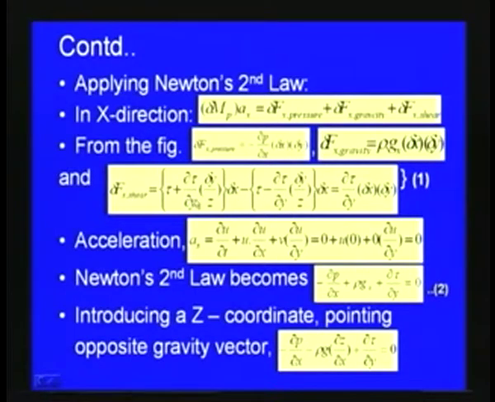So, this gives the shear force. And then as far as the acceleration of the fluid element is concerned, acceleration ax is equal to del u by del t plus u into del u by del x plus v into del u by del y. Here, since we consider steady state flow, del u by del t is 0, and del u by del x, we have already seen for this parallel flow, is 0, and the v component is 0.